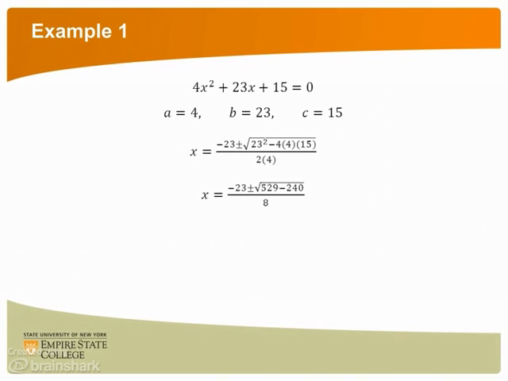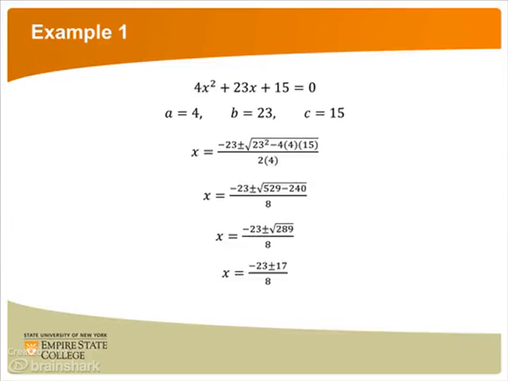We are left with negative 23 plus or minus the square root of 529 minus 240 all over 8. Combining under the radical, we have negative 23 plus or minus the square root of 289 divided by 8. Taking the square root leaves negative 23 plus or minus 17 over 8.